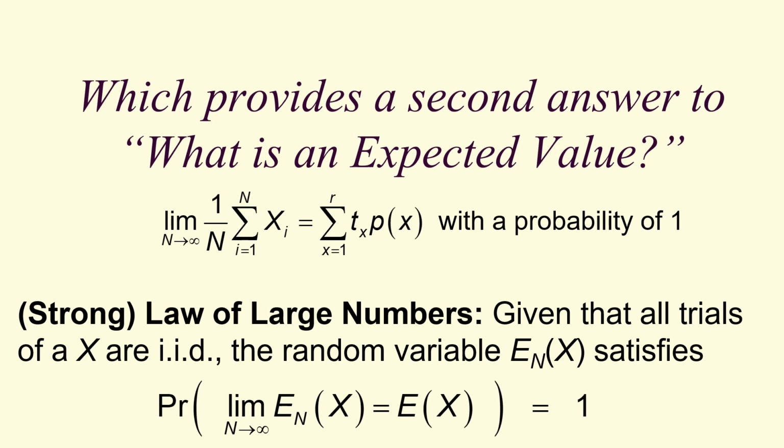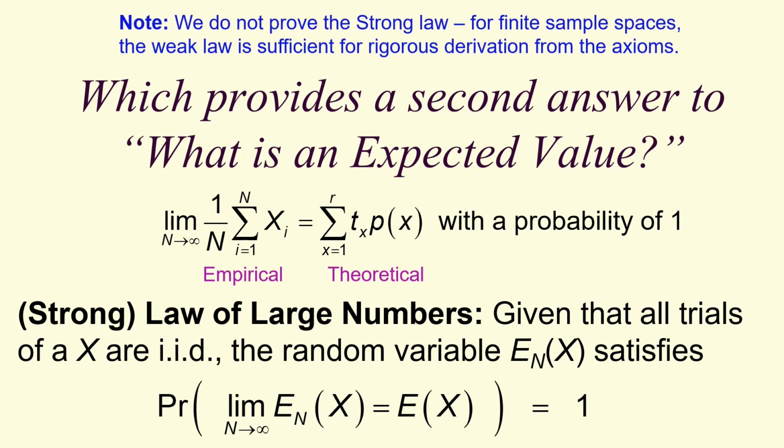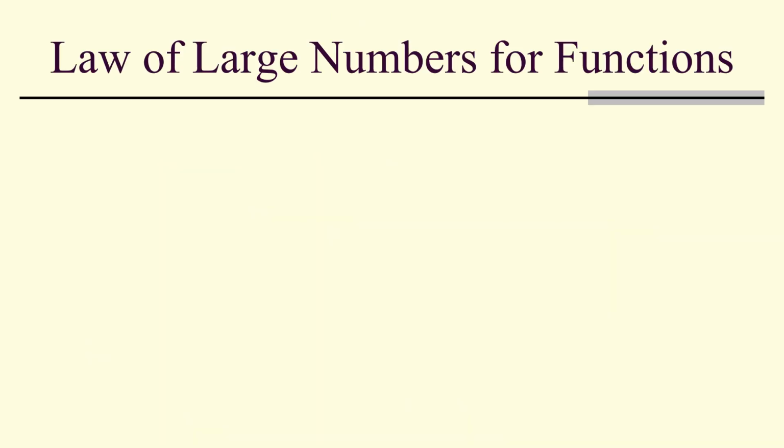In other words, the limit of this empirical sum is equal to this theoretical expected value with a probability of 1. Now, we didn't prove the strong law, we just looked at it intuitively, but for finite sample spaces, the weak law is sufficient for any rigor we might need coming from the axioms.